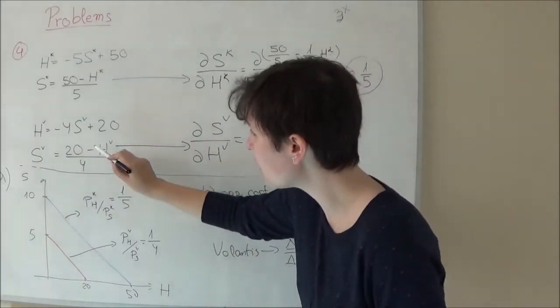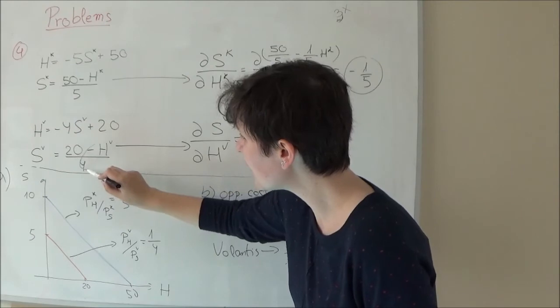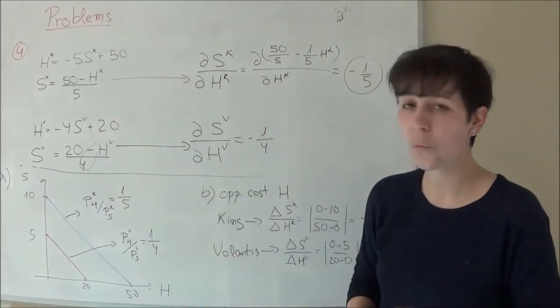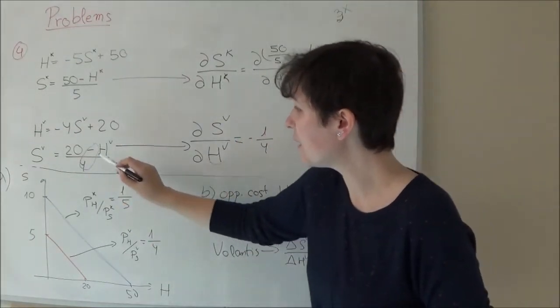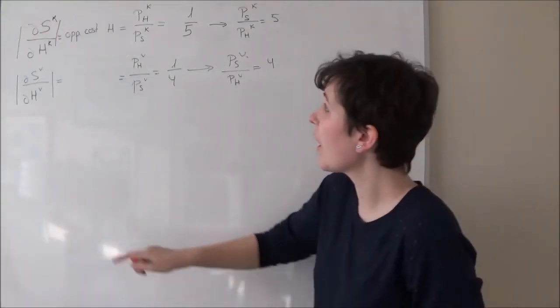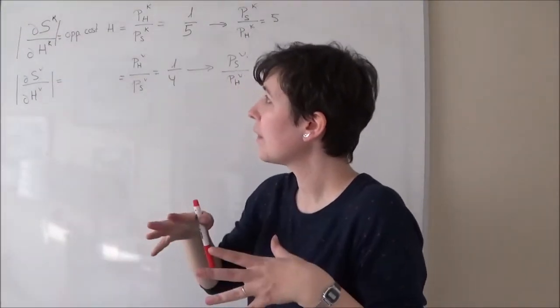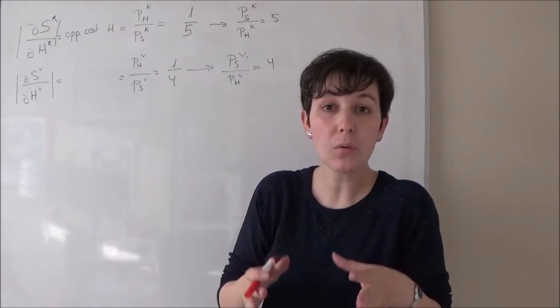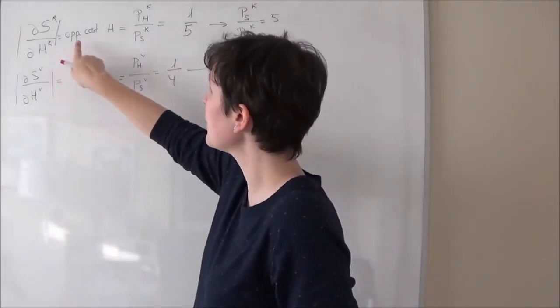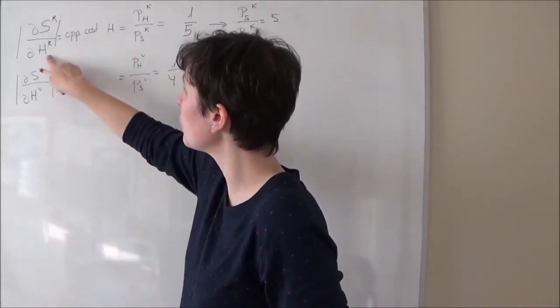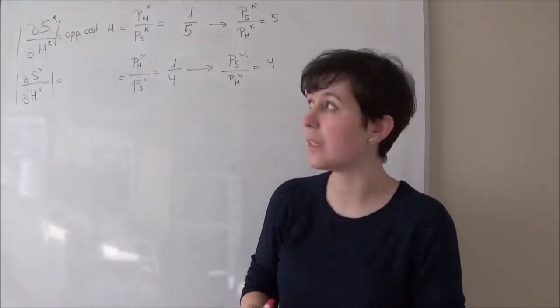So in that case, the result is the number that is with the h, with your variable, and it is minus 1. So to conclude, the slope in absolute terms of that derivative is the opportunity cost of producing 1 unit more of, in this case, helmet.